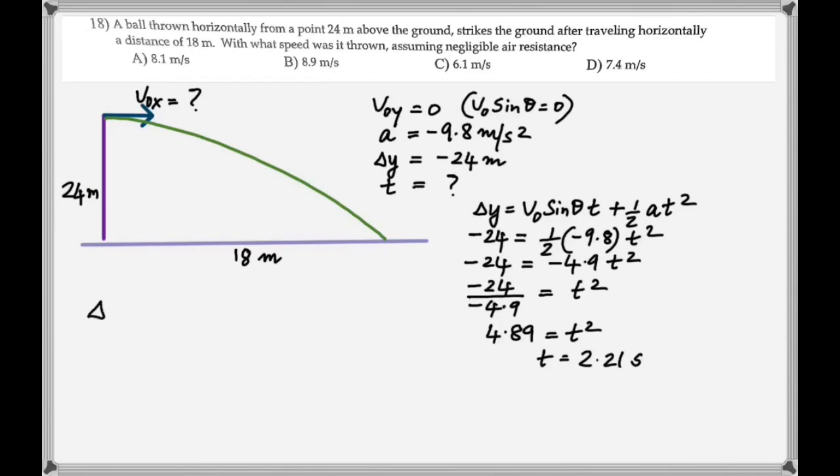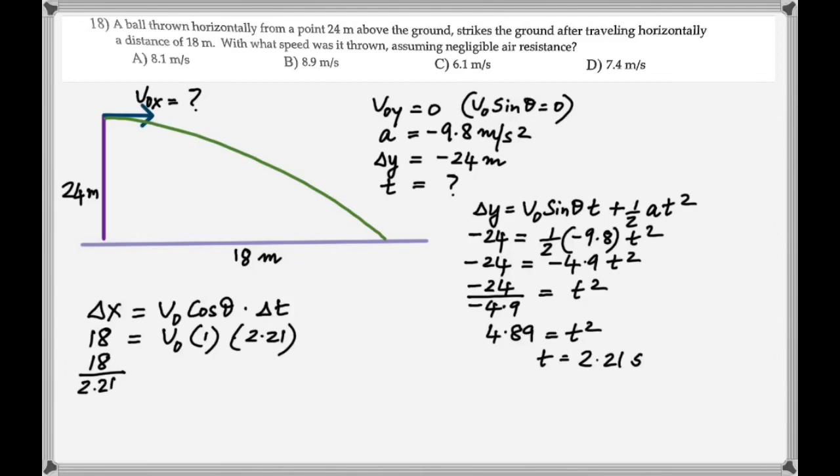The time that we found and the delta x, which is given, we're going to use in this equation, because we know that the horizontal velocity never changes. It's technically V0 cosine theta, but theta here is 0, and cosine 0 is 1. So that is our V0x, remember.